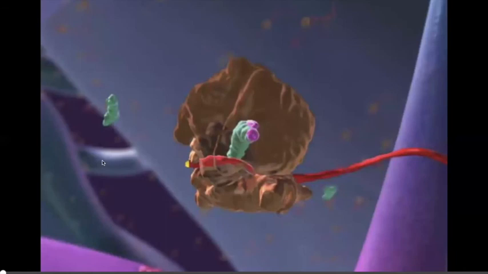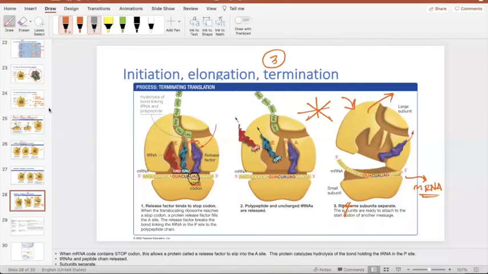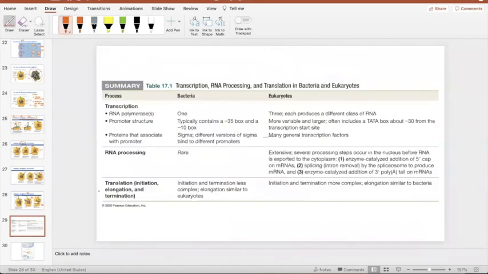Okay, so let's just summarize all of that with a couple of charts. This chart here, which is provided for you in your PowerPoint, is a summary of transcription and then translation in bacteria, so those are our prokaryotes, and eukaryotes, so that would be plants, animals, fungi, etc. Okay.